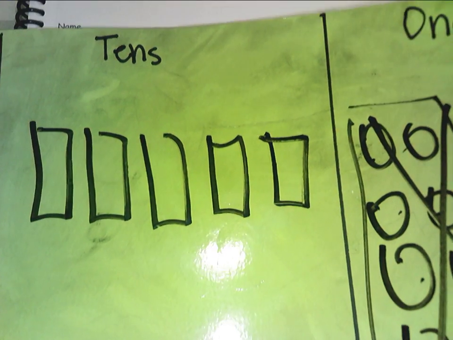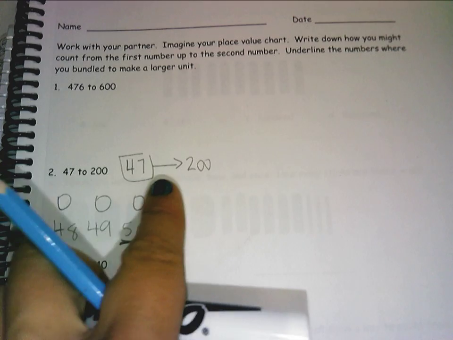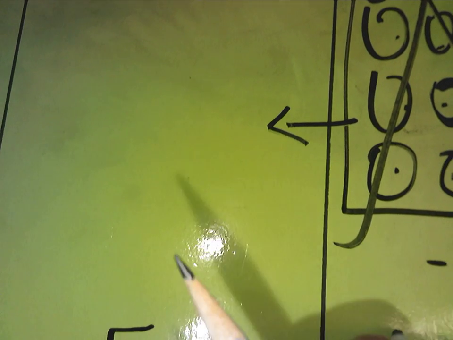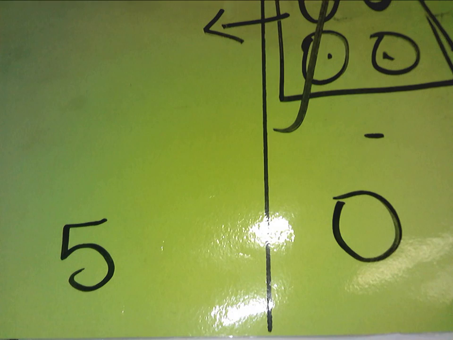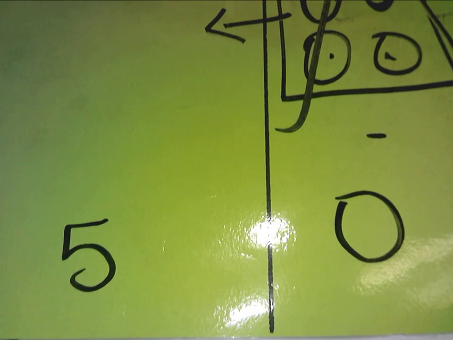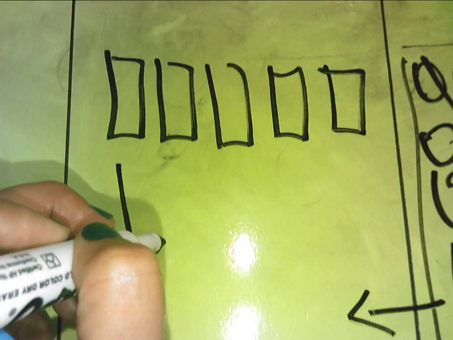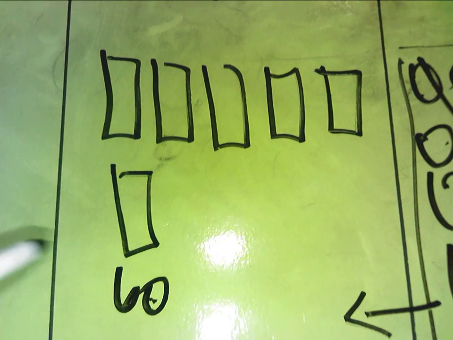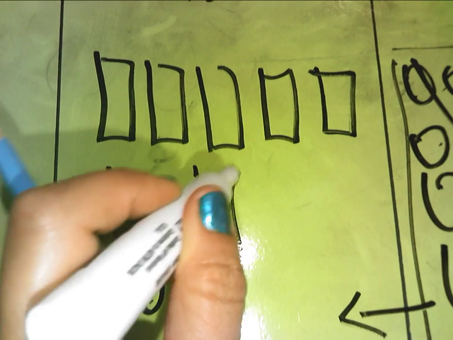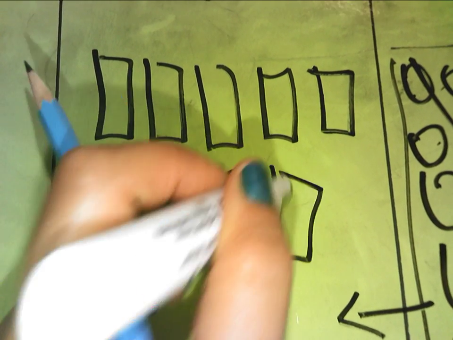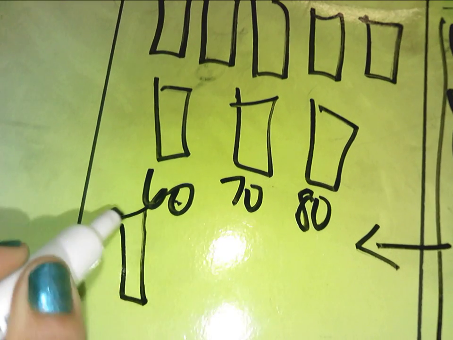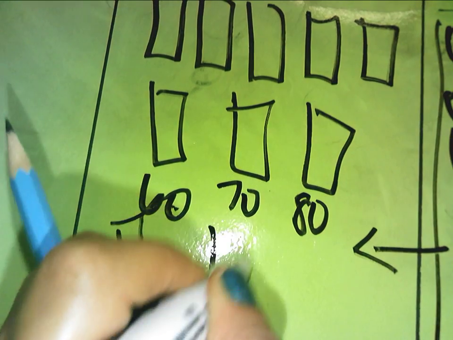So now I need to get to that number 200. So I have 5 tens, 0 ones. I'm not there yet, okay? So I need to add on tens. 60. You can even write the value here as you count on. 70, 80, 90, 100.